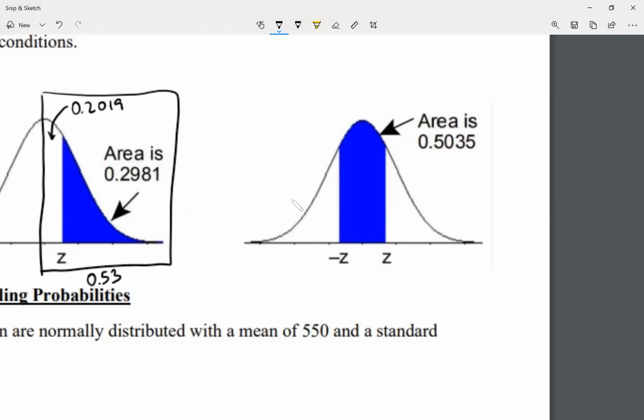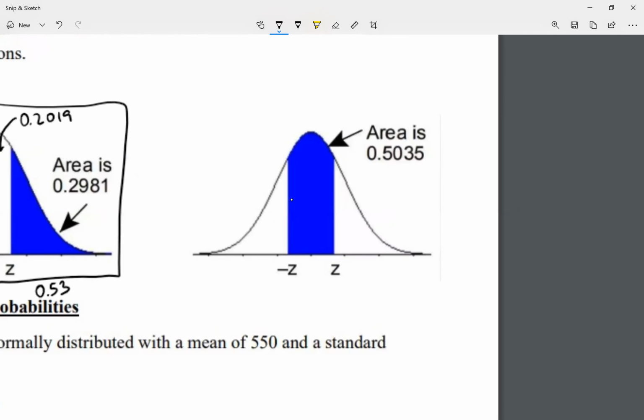Now this one. Okay, my center is right here, and it went the same distance to the right and the same distance to the left. The whole thing is 0.5035, so let me cut that in half. So that means each half, this half and this half, is 0.2054. Right, I cut it in half.